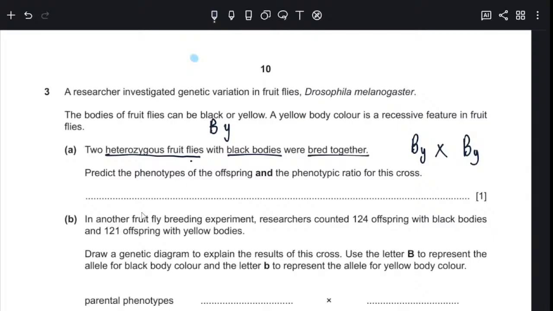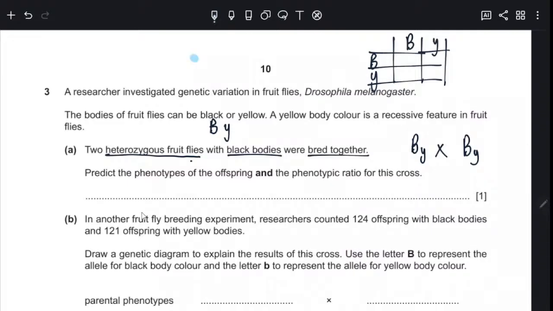Yes. So now predict the phenotypes of the offspring and the phenotypic ratio for this cross. What do you always get when you breed two heterozygotes? By is going to meet By.